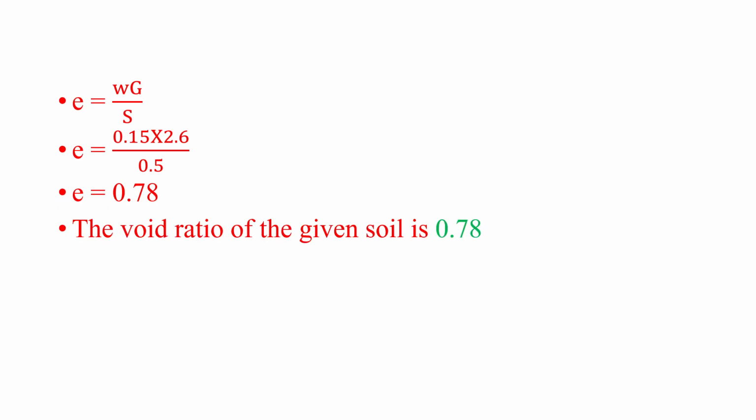Void ratio e equals wG by S. Substituting, e equals 0.15 into 2.6 divided by 0.5, e equals 0.78. Therefore, the void ratio of the given soil is 0.78. That is the answer to the question.